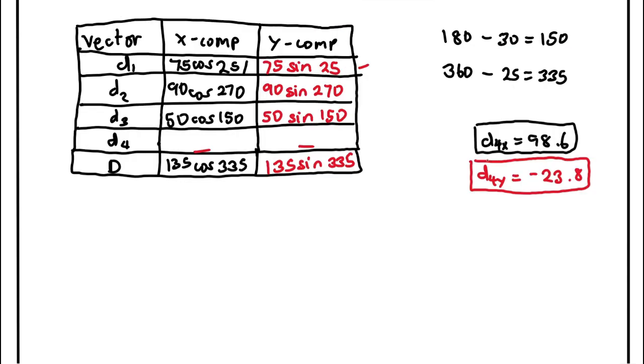Okay, now that we have d4x and d4y, we can find d4 itself, which is equal to the square root of d4 in x squared plus d4 in y squared.